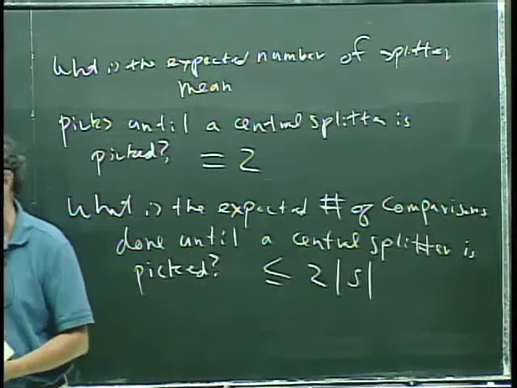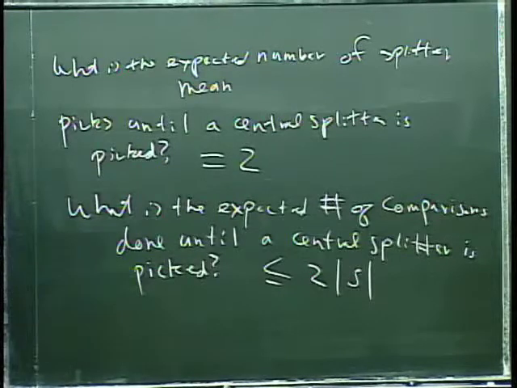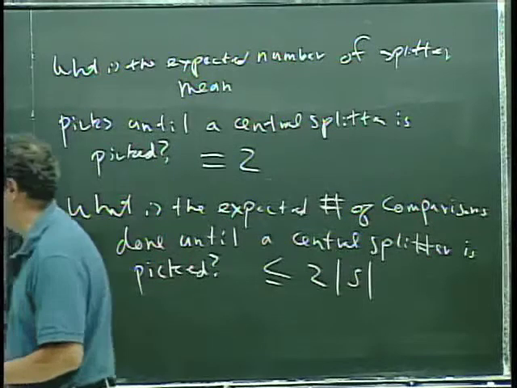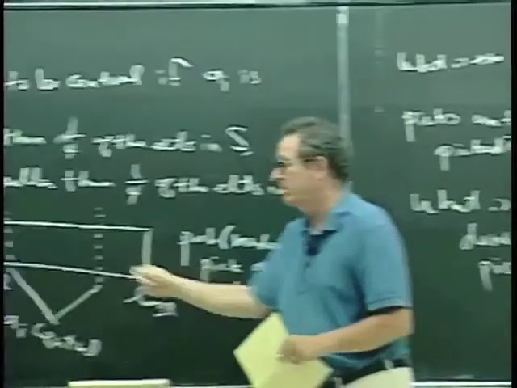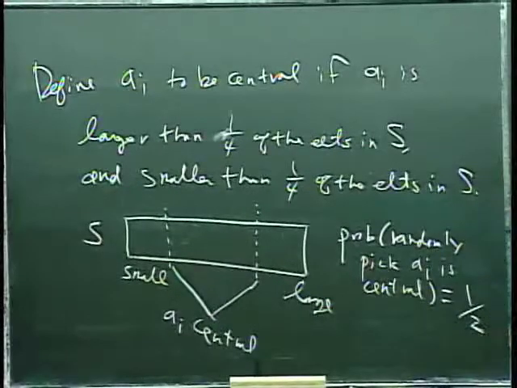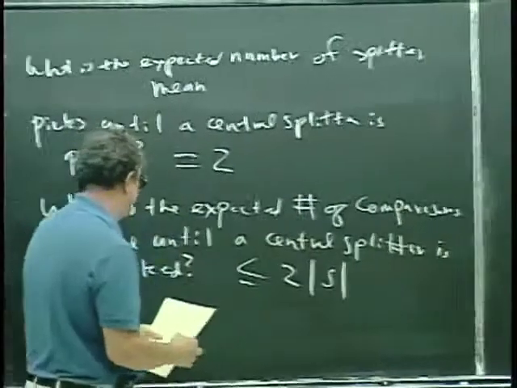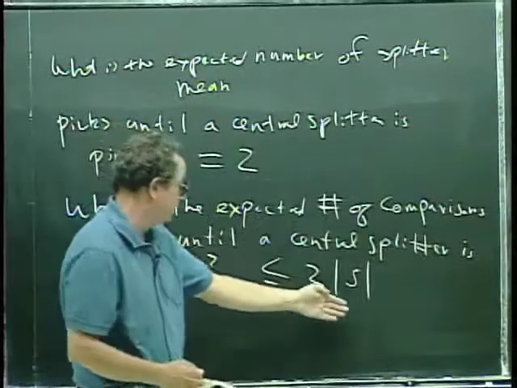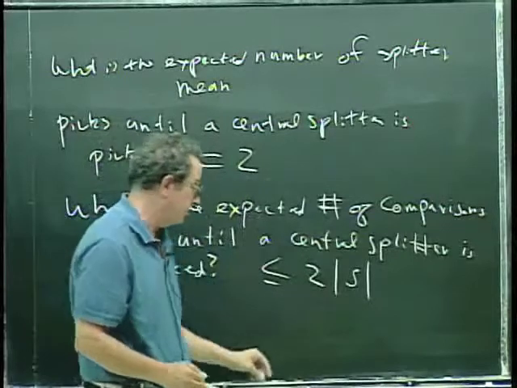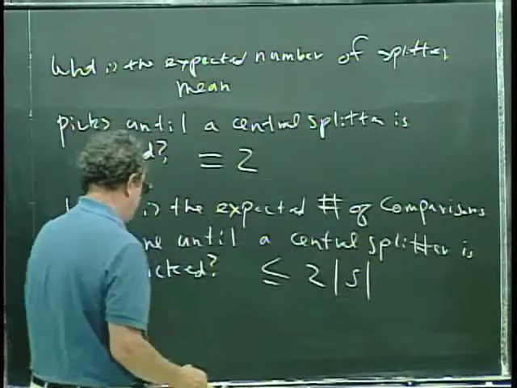So the first time it's S, the second time it's less than S, and if there's a third time it's less than that as well. Each one of those is less than S. And the expected number of trials until you're central is 2. And so the expected number of comparisons done until a central splitter is picked is less than or equal to 2 times the size of S.